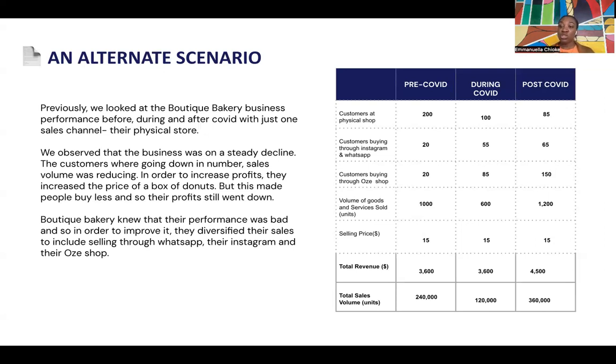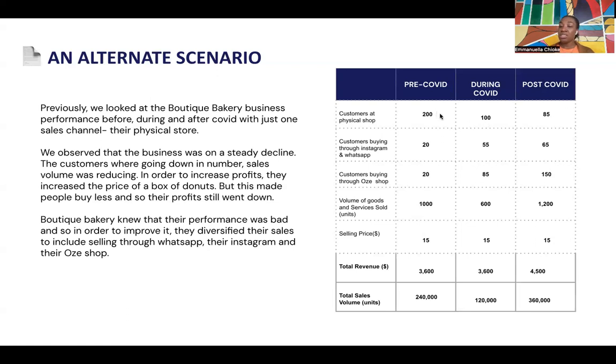One of the things I want us to note here is the increase in customers buying through Instagram and WhatsApp and through Ozy Shop during COVID and post-COVID. And as we're looking at that, let's also look at the customers buying at the physical shop, right?